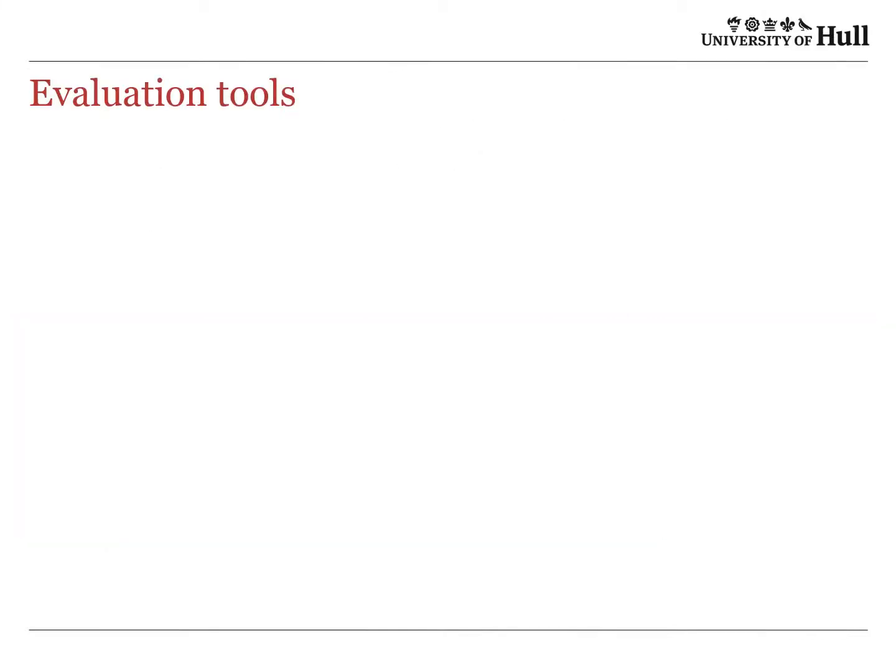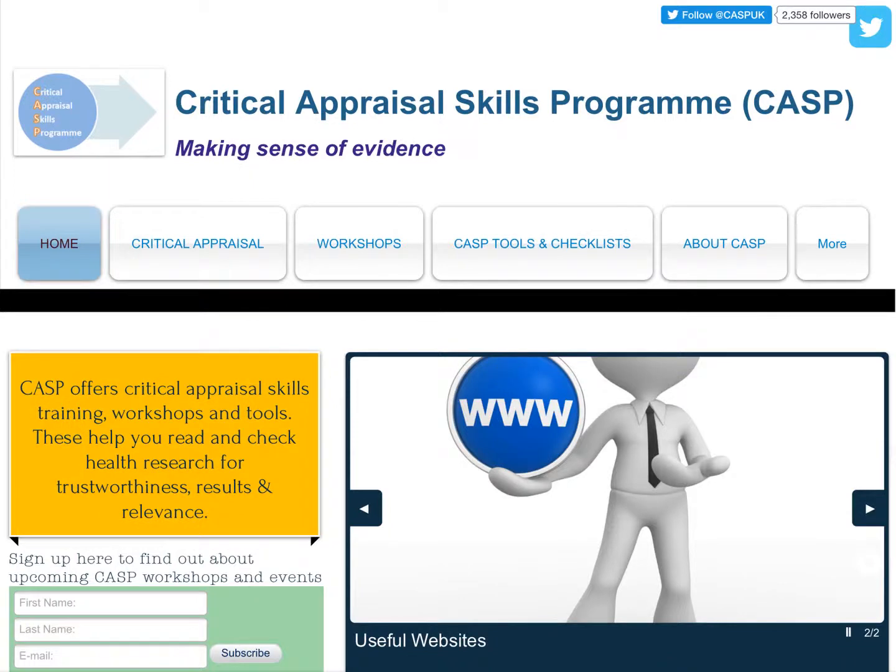I've also mentioned evaluation tools for evaluating the quality of the articles that you retrieve and review. And first of all, I'm going to look at the CASP system. CASP stands for the Critical Appraisal Skills Programme, and you can find this on the internet. Here's the landing page, and you can see at the toolbar along the top there that there are CASP tools and checklists, and there's a range of these.